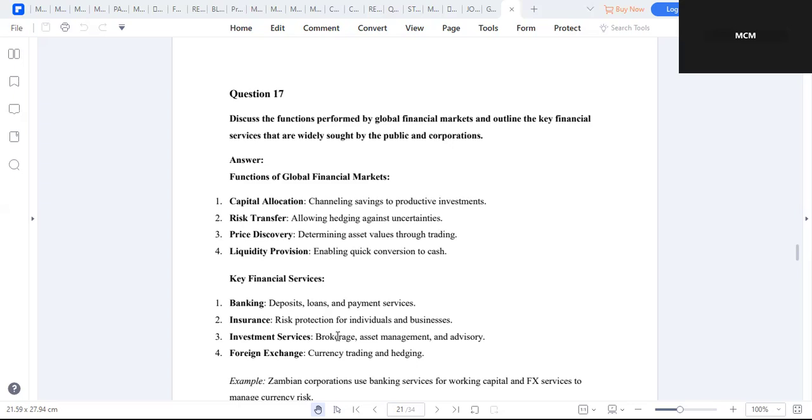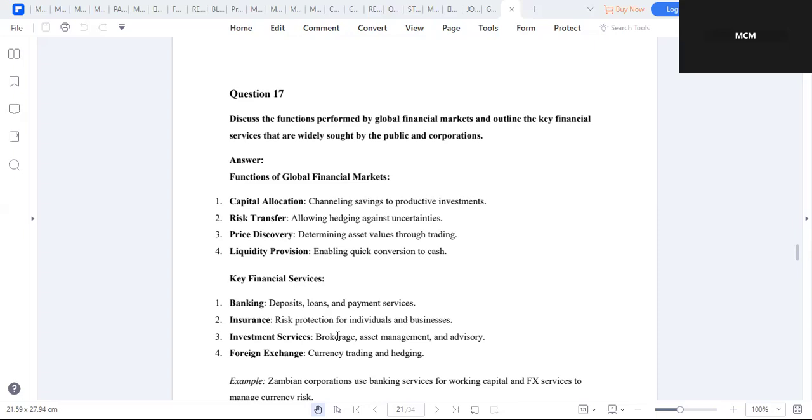These help facilitate converting cash in one denomination to another. Corporations will use foreign exchange services to hedge against what? Exchange rate risks. For instance, if you have a Zambian exporter of sugarcane, they will use forward contracts to secure the dollar revenues and avoid losses in the kwacha.